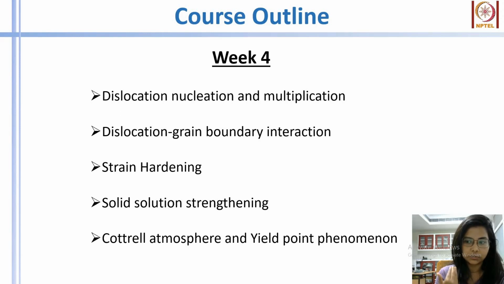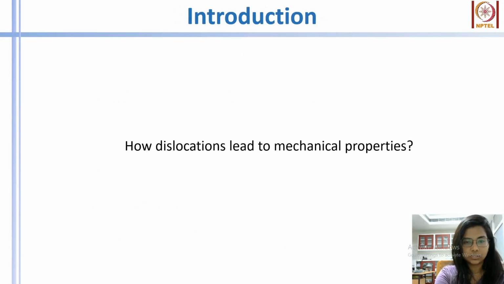We will discuss dislocation nucleation, then multiplication of dislocations, then dislocation grain boundary interaction, a little bit of strain hardening, which we have learned also in the previous session. Solid solution strengthening or solid solution hardening, and something called the Cottrell atmosphere, the yield point phenomenon, and even the yield point hardening. So let us get started.